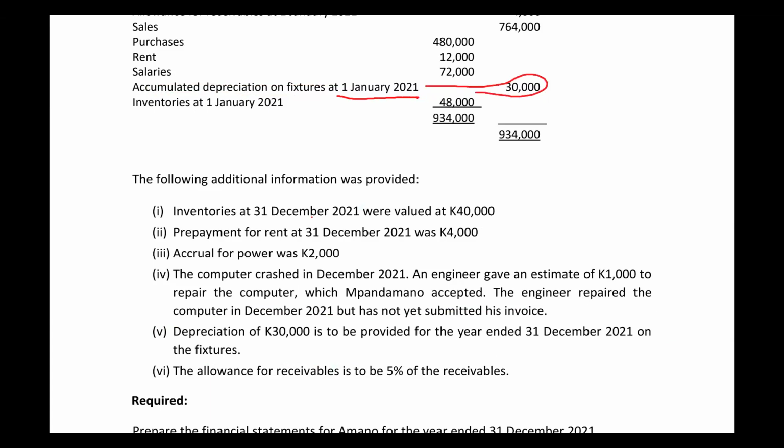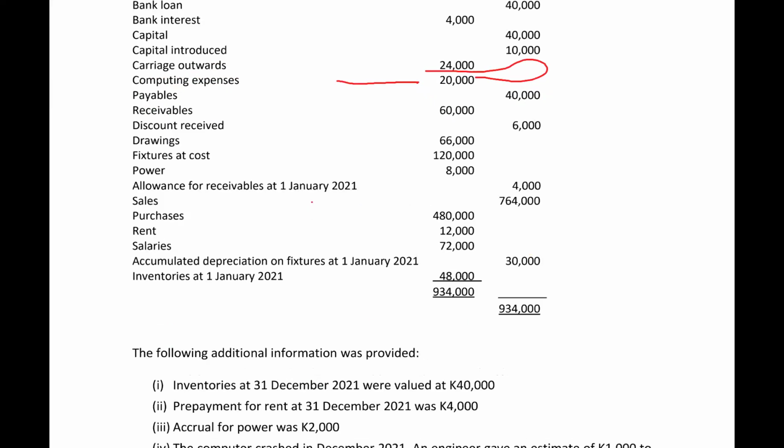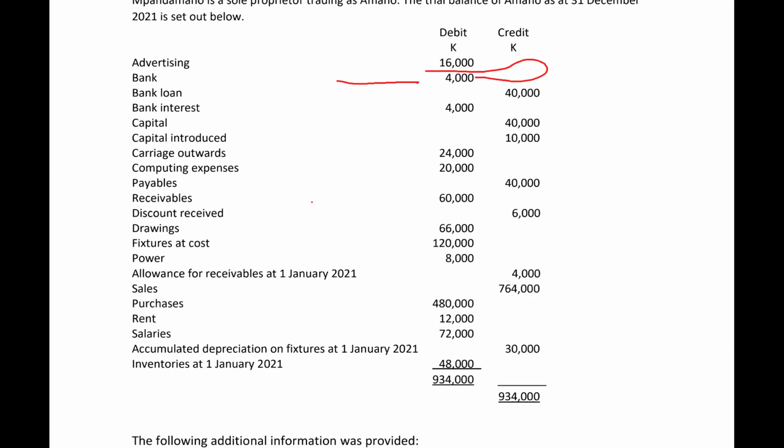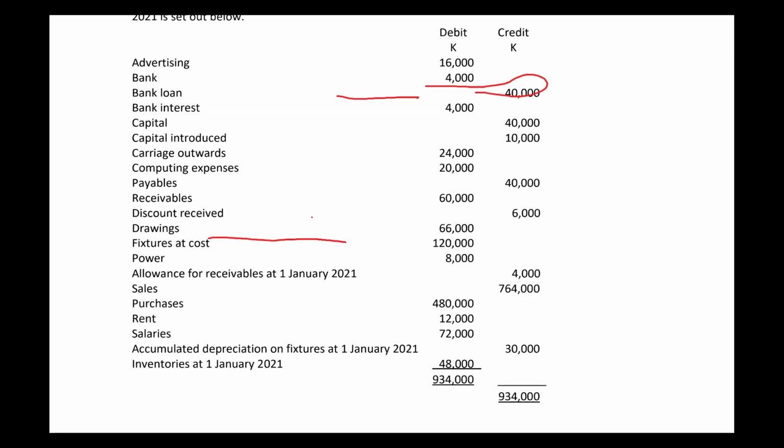That's the total value they had lost from the time you acquired. You bought them, that's the cost. What is the cost of fixtures? 120,000. Out of 120,000, they had lost 30,000 as of 1st January 2021.